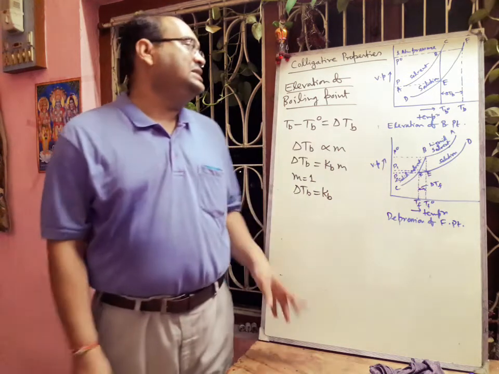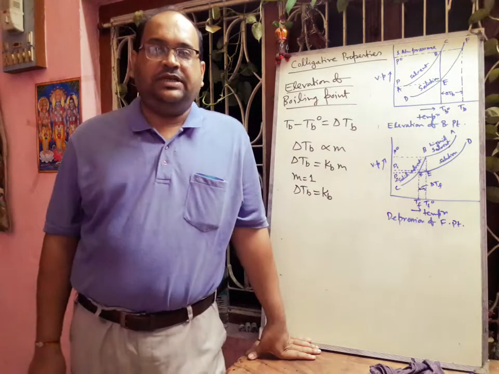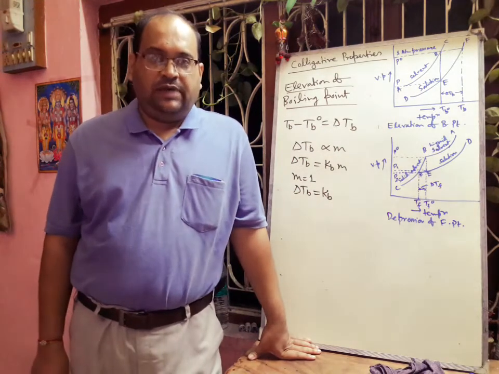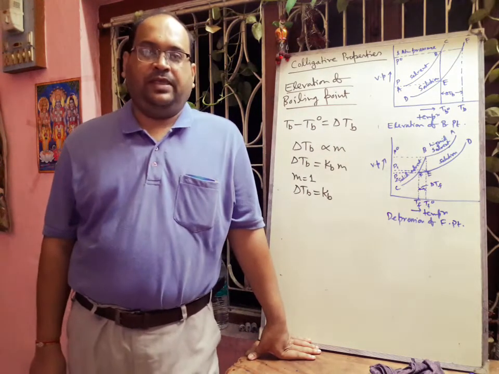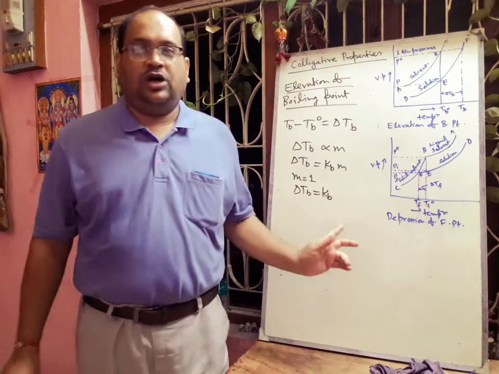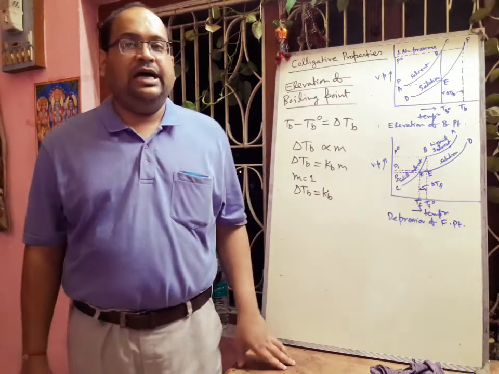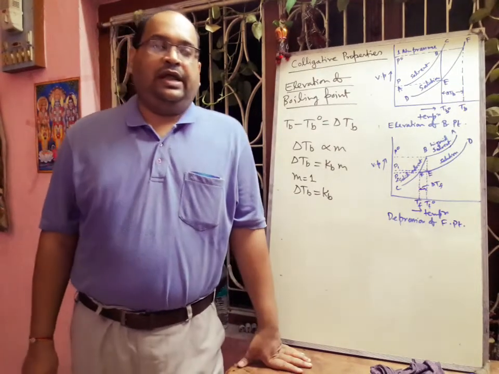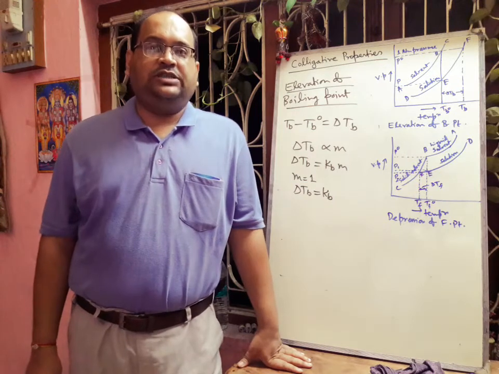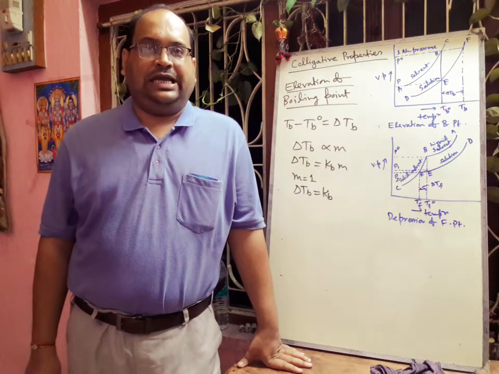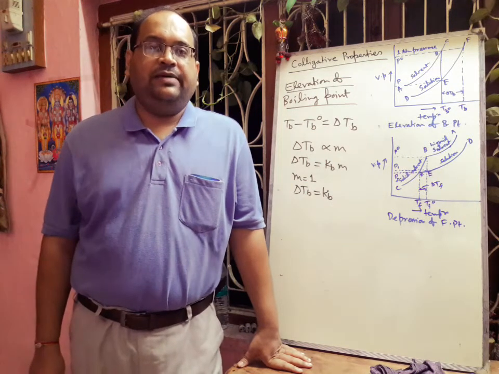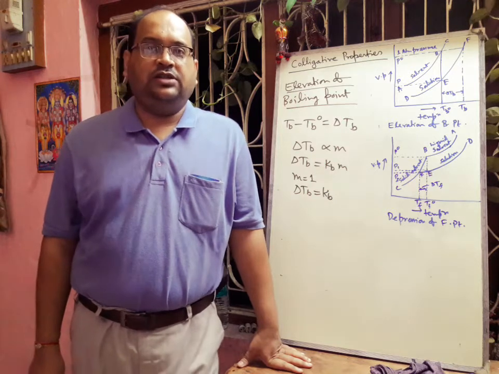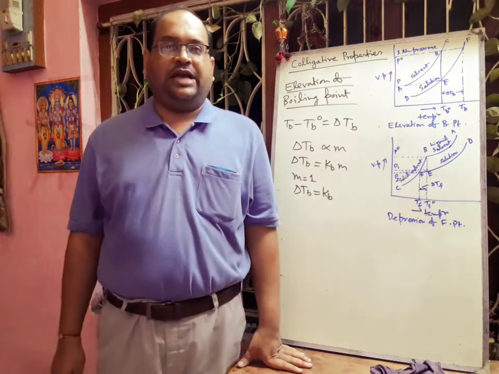Next we will discuss the limitations of this ebullioscopy method. Here the solution should obey Raoult's law. The next limitation is that the solute should not be volatile. The solution should be dilute, and should not undergo any dissociation or association.